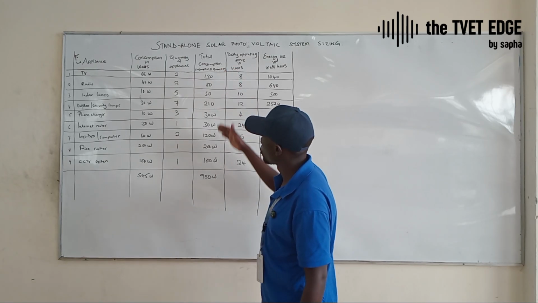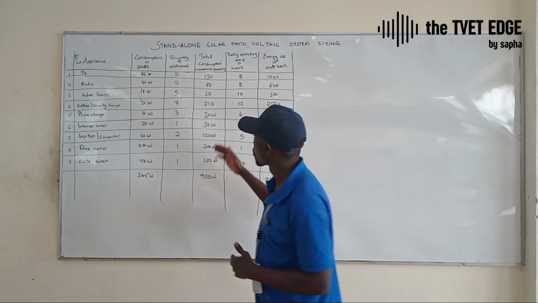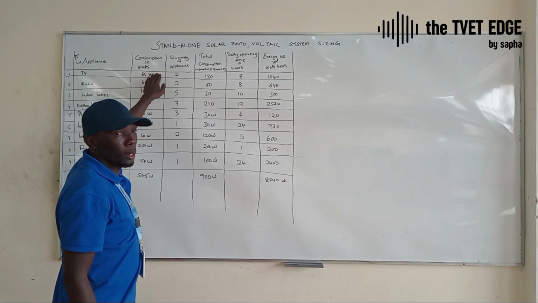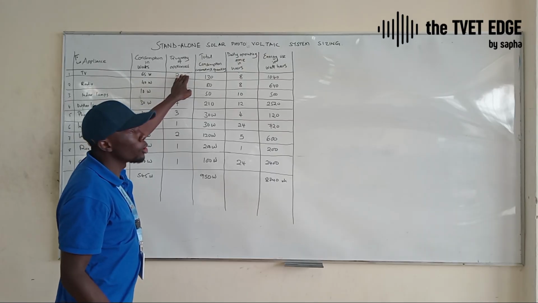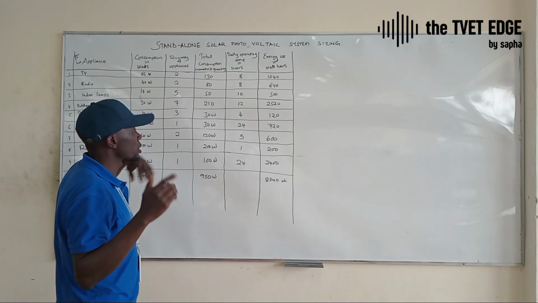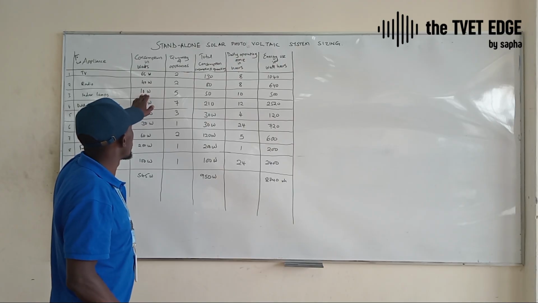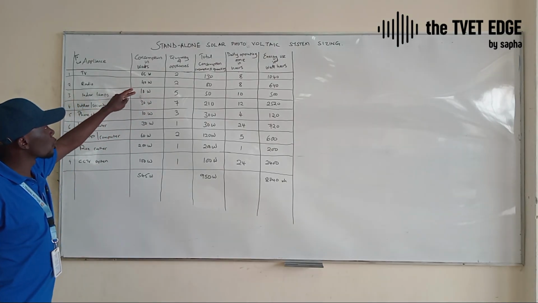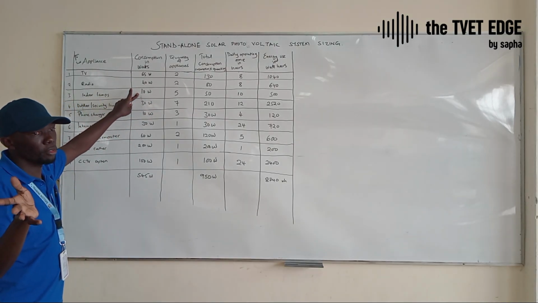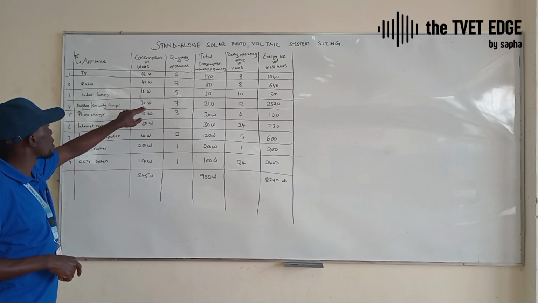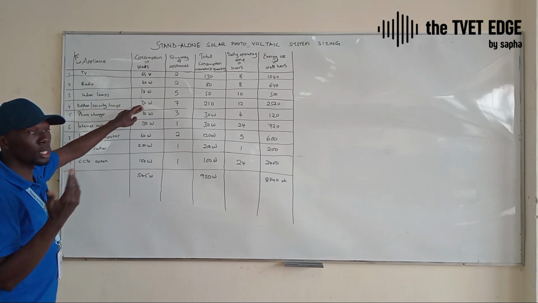Now, the total consumption is equivalent to the consumption of each particular appliance times the number of appliances in total. So if, for example, we have 5 lamps, you multiply the consumption of each by 5 to cater for all the 5 lamps. For example, the outdoor security lamps, I'm using 7.